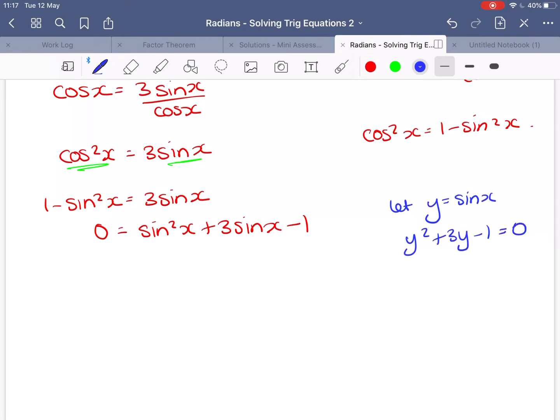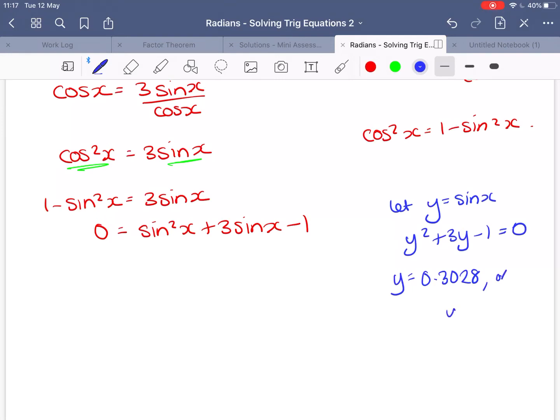Now, that isn't going to factorise, so we need to put it in the formula. So we've got a coefficient of y squared as 1, the coefficient of y as 3 and minus 1. And we end up with y is equal to 0.3028. I would personally keep at least 3 decimal places, possibly 4.